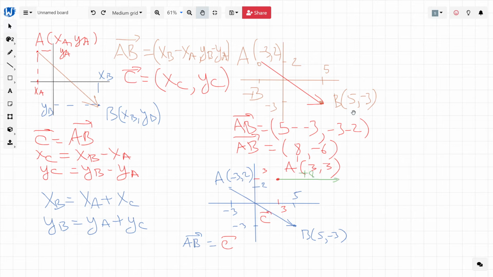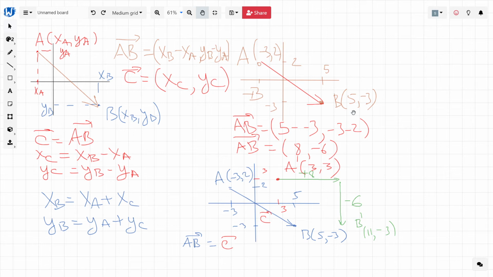And then I want to move 6 points down because it says minus 6. Okay. I get a new point, and let me call this point B prime. The coordinates of this point are going to be 3 plus 8, which is 11, and the vertical coordinate will be 3 minus 6, meaning minus 3.